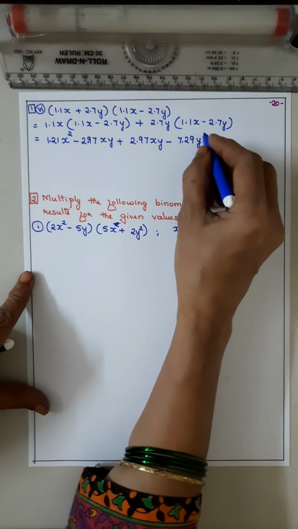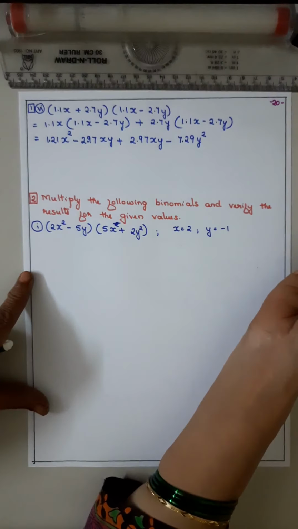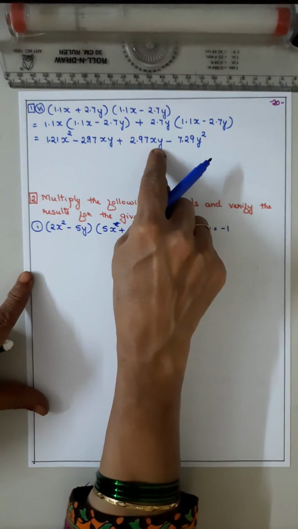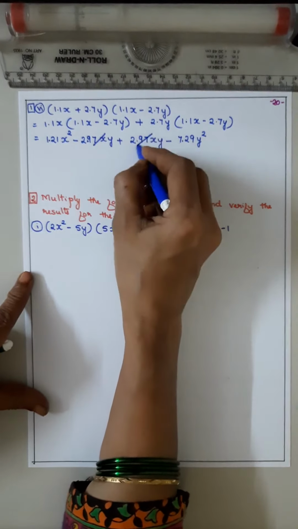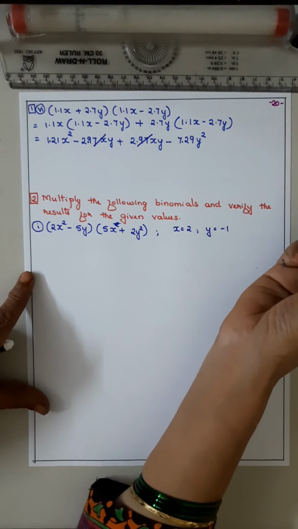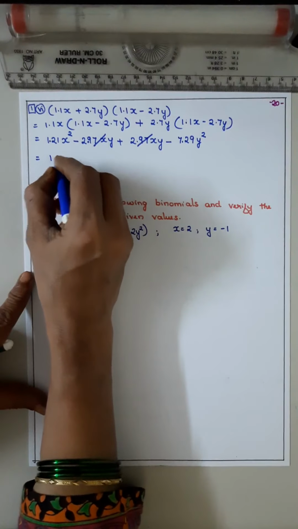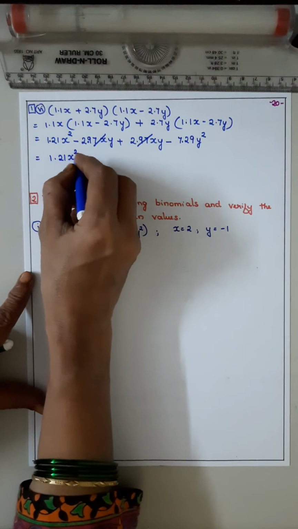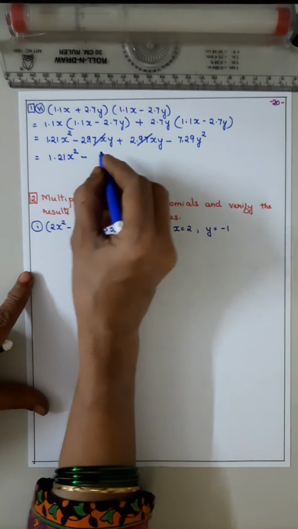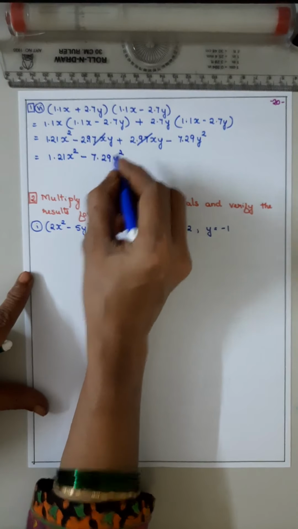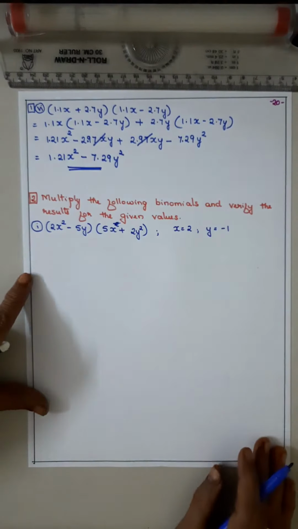Y into y, that is y squared. Now these terms are similar, signs different, so they cancel. The final answer is 1.21 x squared, now here it is minus 7.29 y squared.